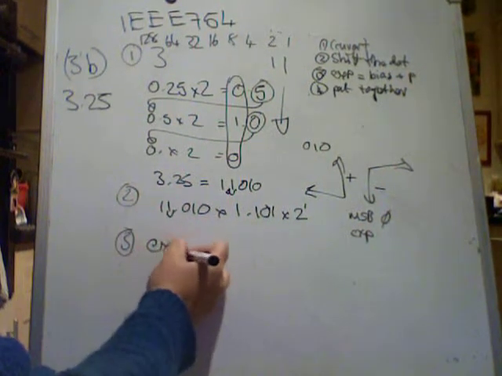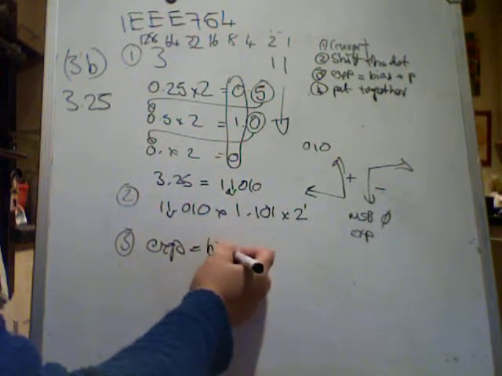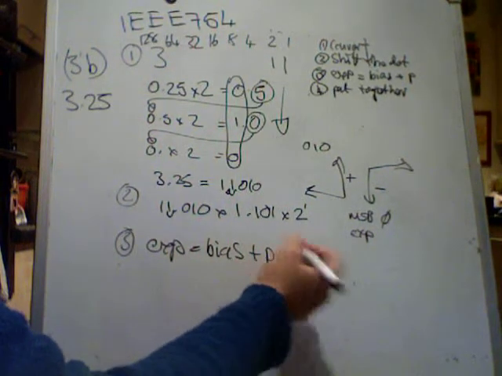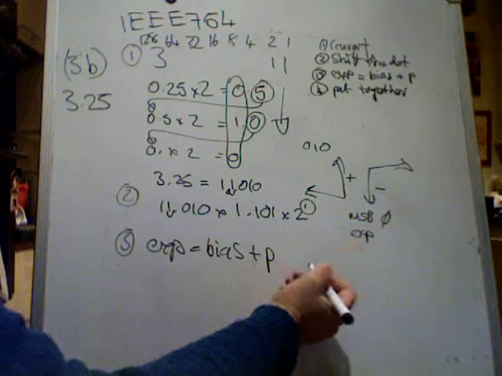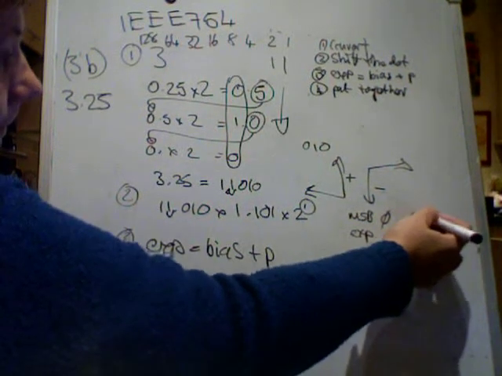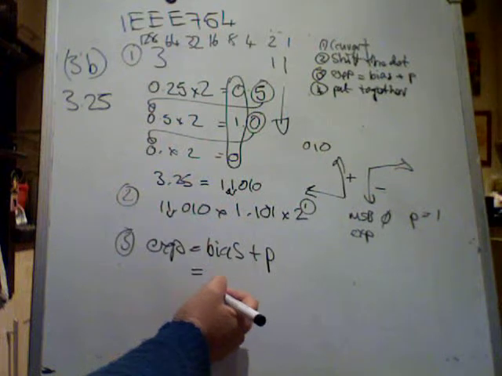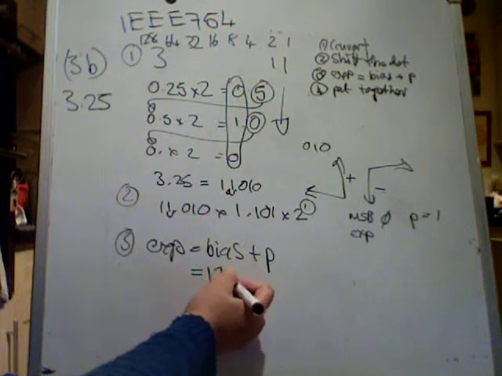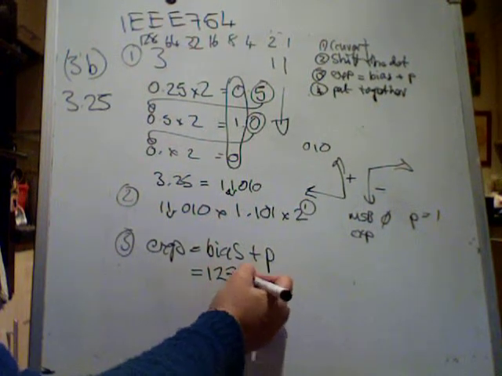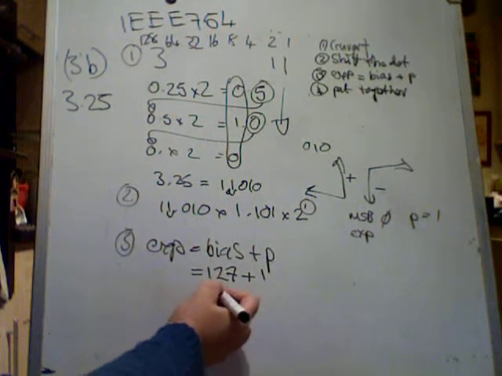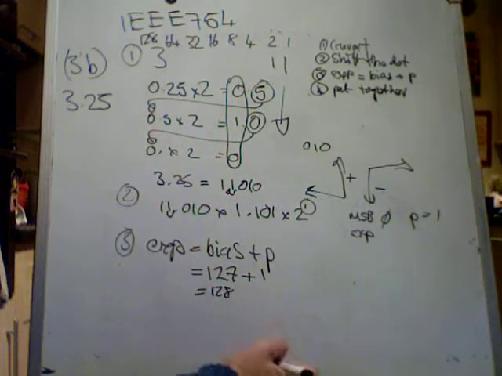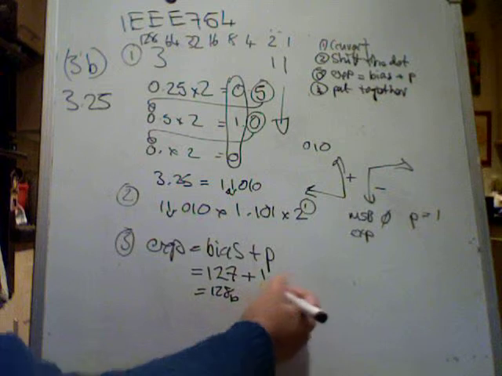Our exponent is the bias plus p. We've moved the dot up, so we know that p is equal to 1. Our bias for single precision is 127, and p is 1, and that gives us 128, in base 10.